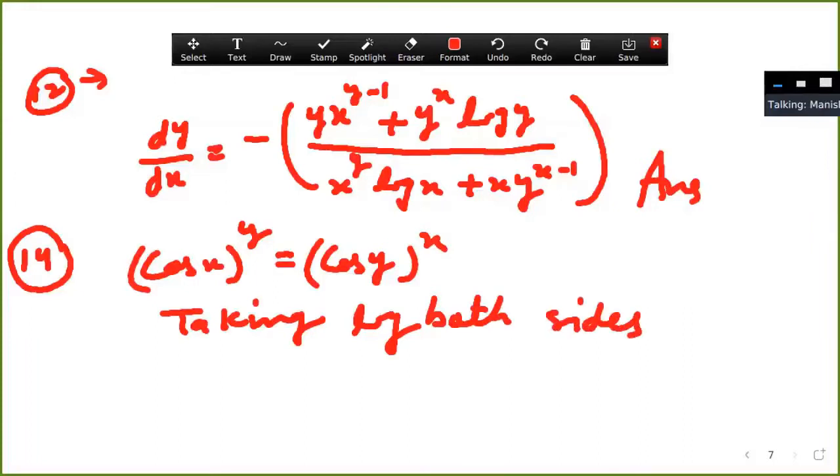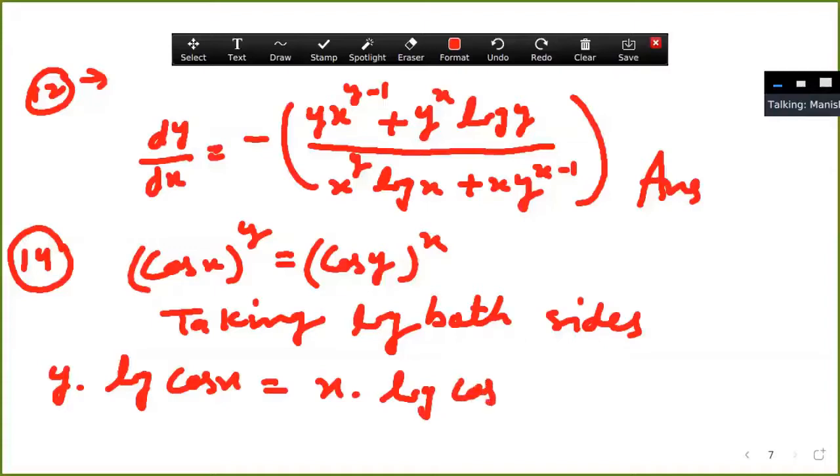So what you will get, y into log of cos x equals x into log of cos y. Now you can differentiate the function on left and right both sides.